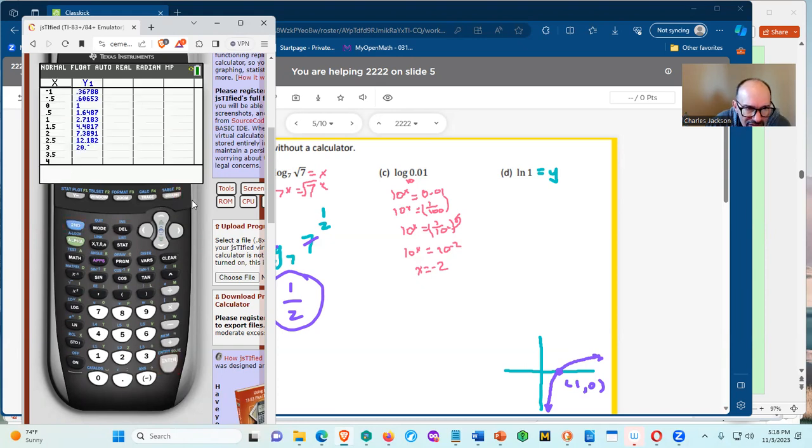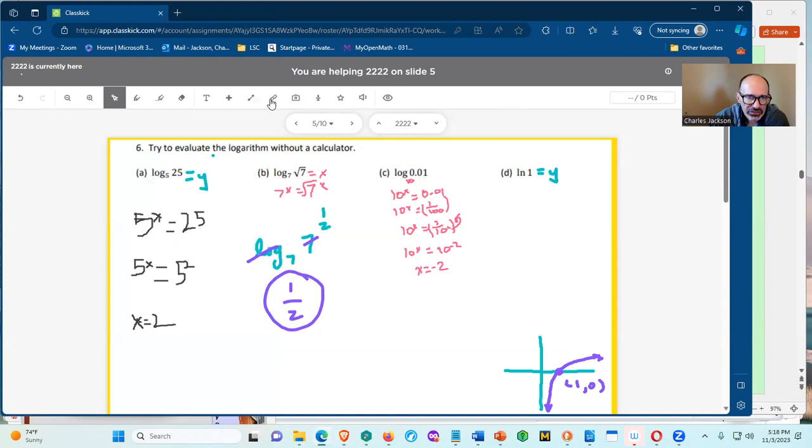So let's look at the exponential function.